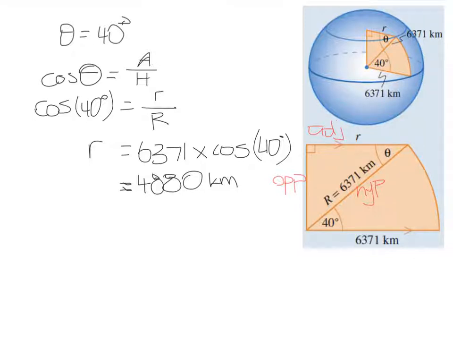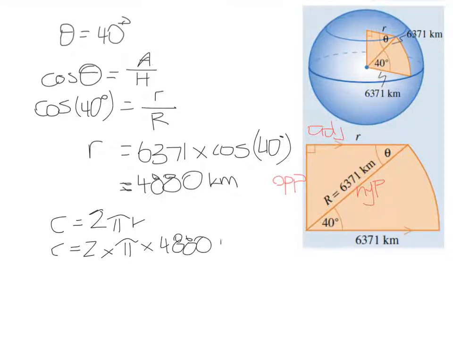Okay, so what we can do is basically write down the rule for circumference. Oh, wrong pen. So circumference is going to be 2 pi r. And so that's going to be 2 times pi times 4,880 kilometres.